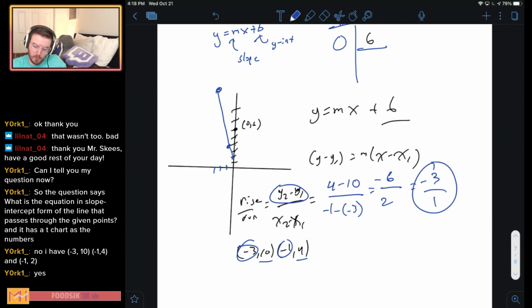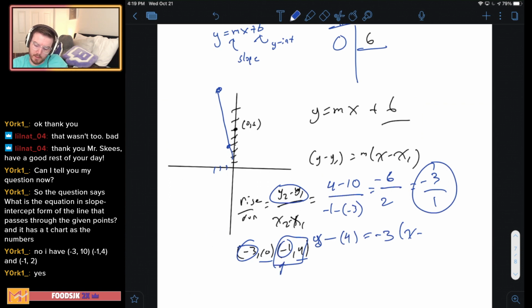And then point slope form. So y minus, just pick a random point. So I'll use your -1, 4. So y minus 4 equals slope, we just solved for it, times x minus x1. Sorry, that's 4.